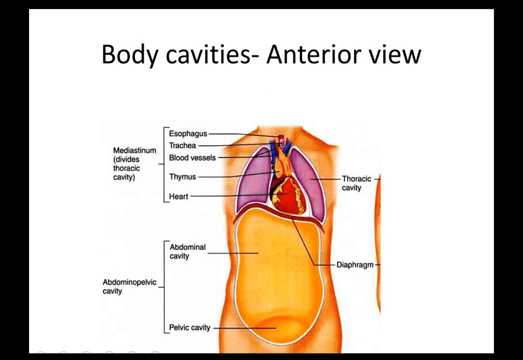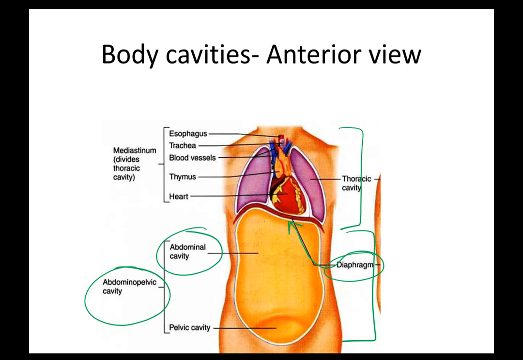Now looking at it from the front, here's my diaphragm again. Here's my thoracic cavity, here's my abdominopelvic cavity, there's the abdominal cavity up here from basically here to here. And then the pelvic cavity is here. It's kind of the bowl that's created by the pelvis, by those bones.